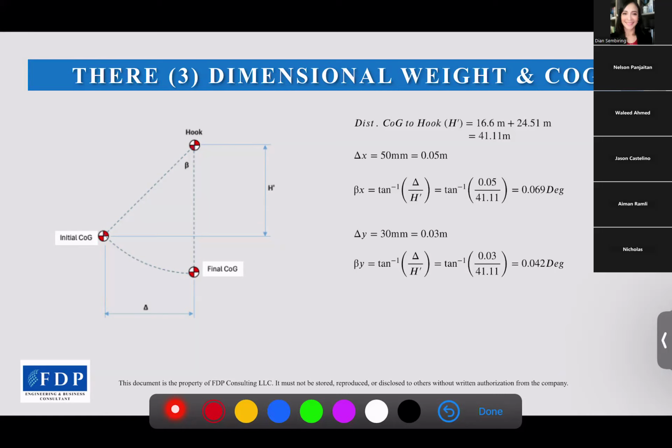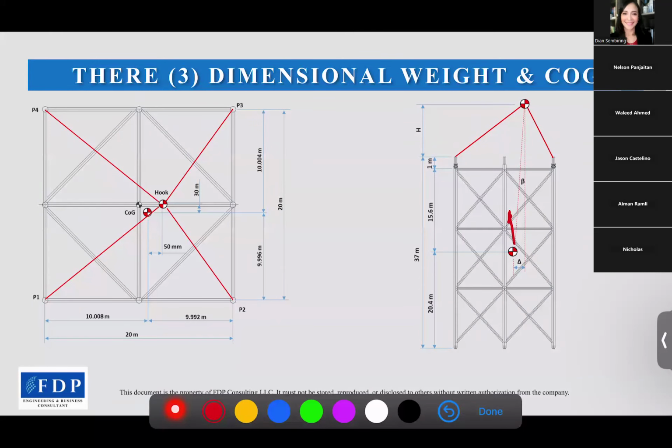So when this happens, it is no longer exactly on the same line. The COG and the reaction and the action are no longer on the same line.